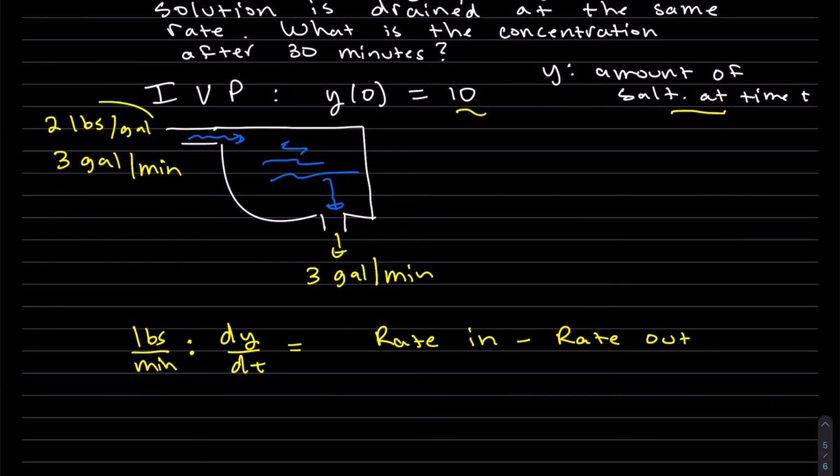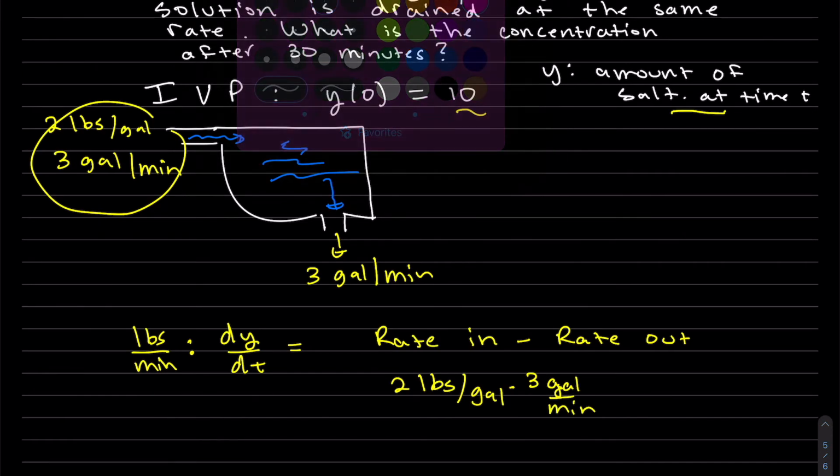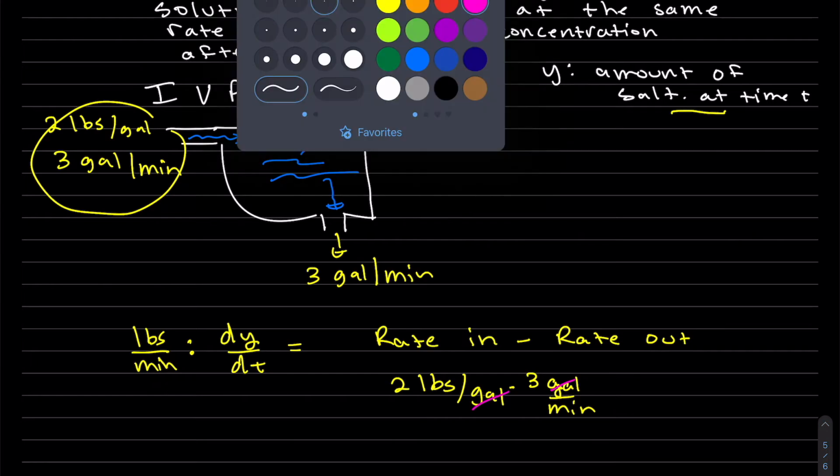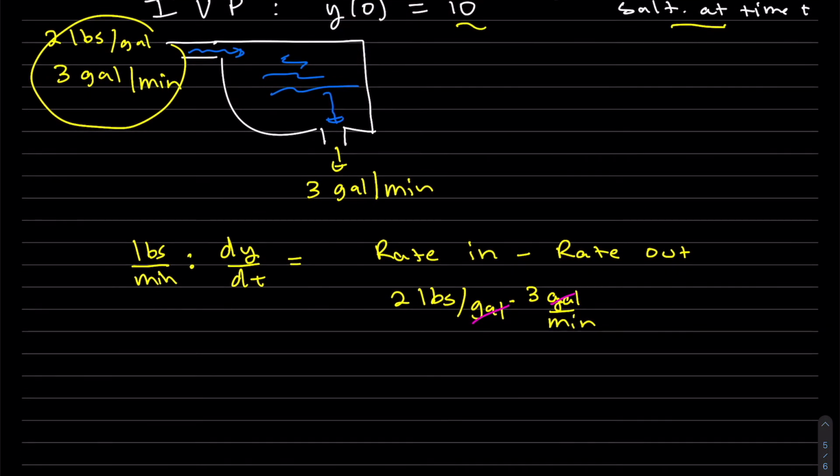Going in, we have 2 pounds per gallon, but we need to multiply that by 3 gallons per minute. You can see the gallons cancel, and we indeed have 6 pounds per minute.